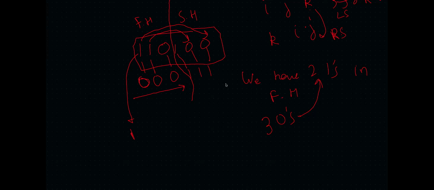So I will take one, and any random index from the second half. Let's say another one. Then I will take one 0. I will do a right shift. This one will go here, this one will go here, and this 0 will come here. So this will be changed to 0. Okay.